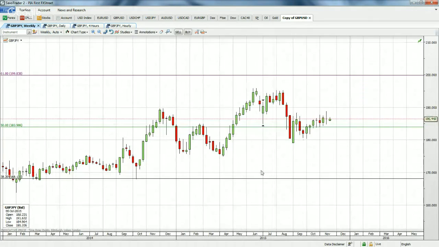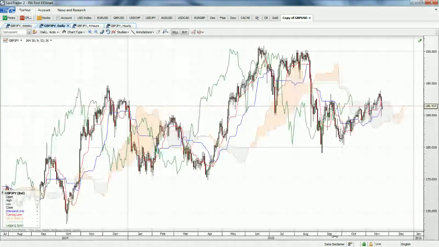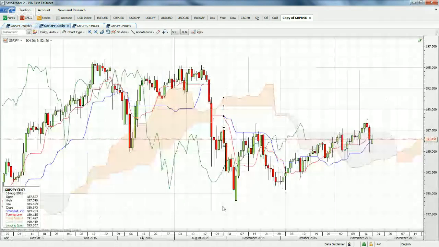We also like to look at previous areas of support and resistance. So impulse moved lower, then this corrective and choppy price action higher. And if we go to a daily chart, you can see the impulse move a lot better. This was the impulse move lower, then this corrective sequence higher.